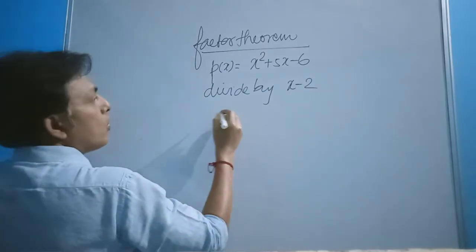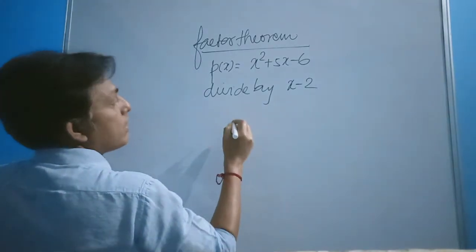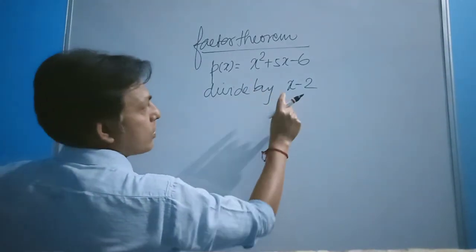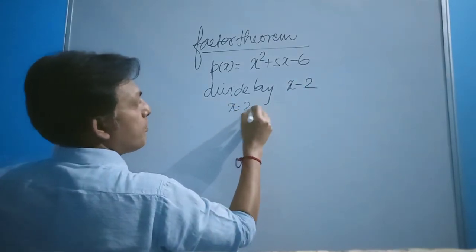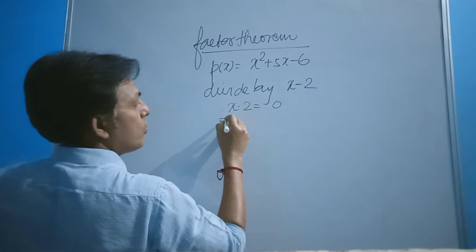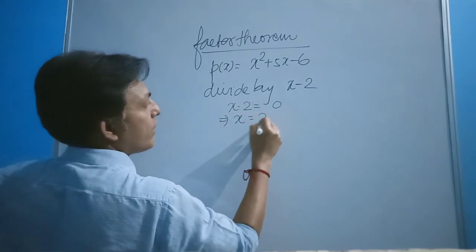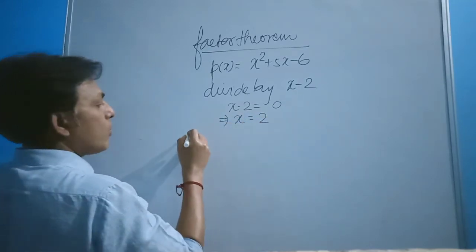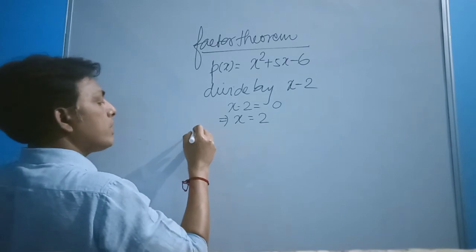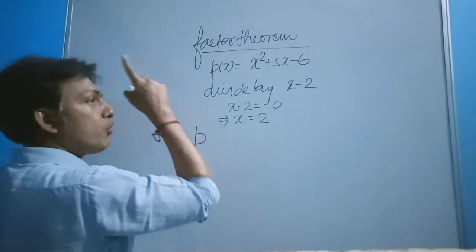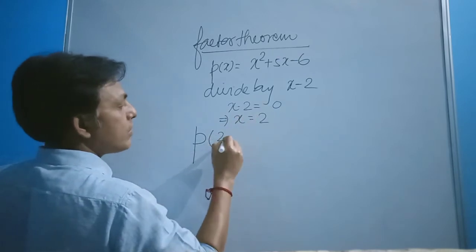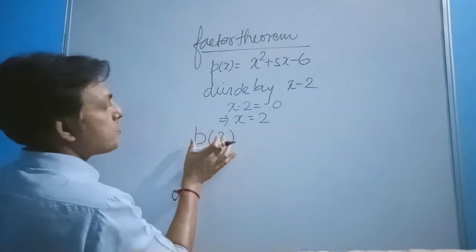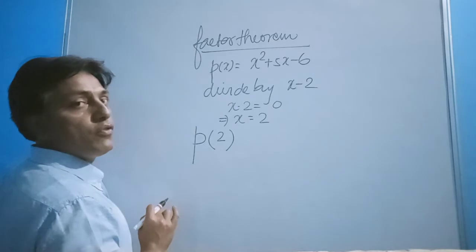So what will be the remainder? First, this is the divisor, put the divisor equal to 0, find the value of x. Now write down the symbol of the remainder. I told you, take the p from the polynomial and the value of x over here. So this becomes the symbol of the remainder.